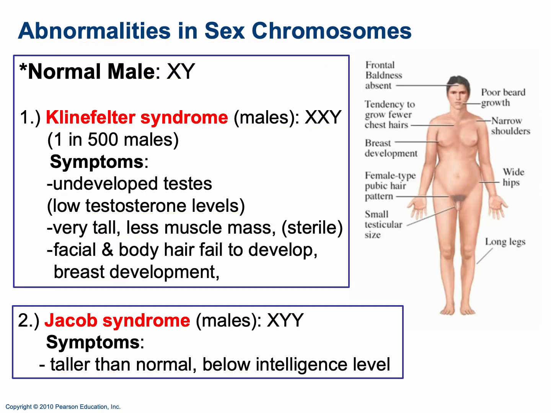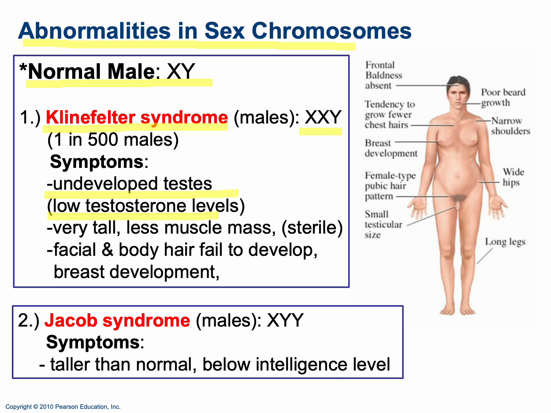Now we take a look at some abnormalities in men with sex chromosomes. We take into consideration that men usually have a chromosome set of XY, but here we see a syndrome known as Klinefelter syndrome. So Klinefelter syndrome, where the man has two X chromosomes, so they are XXY. The symptoms we find here is undeveloped testes, typically.